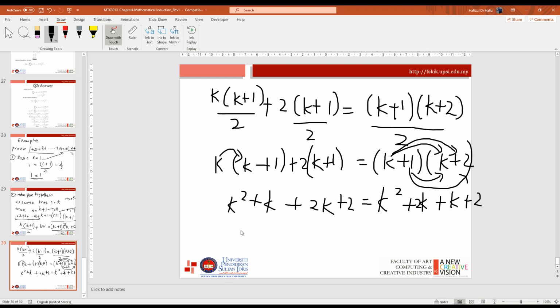So we have k to the power of 2, same with the k, same with the 2, same here with the 2k. Okay, so they are the same.